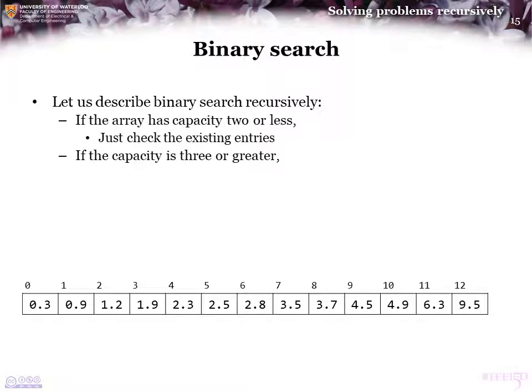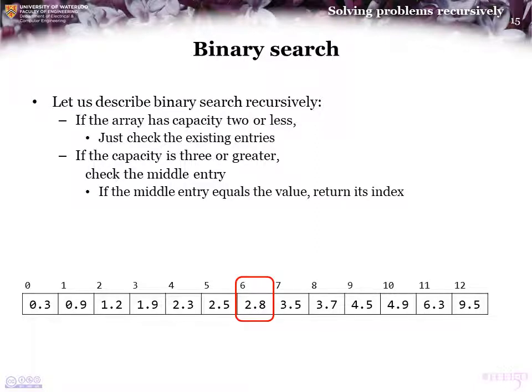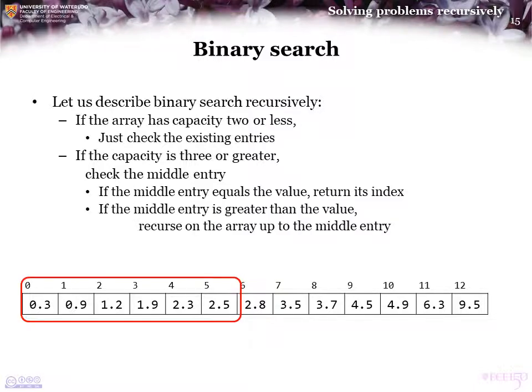If the capacity is 3 or greater, and let's look at the example below, then we're going to check the middle entry. Now, if the middle entry equals the value we're searching for, we're going to return its index. If the middle index is greater than the value, we'll recurse on the array up until, but not including, the middle entry.